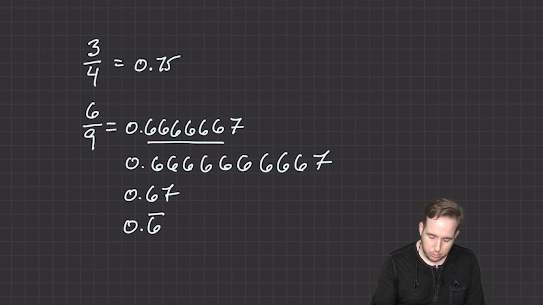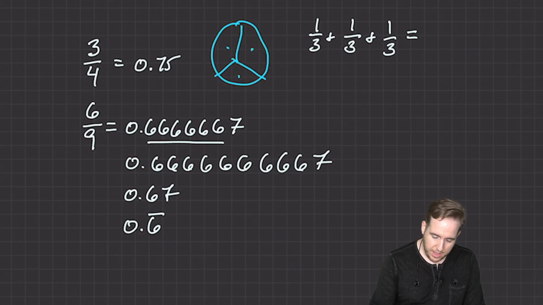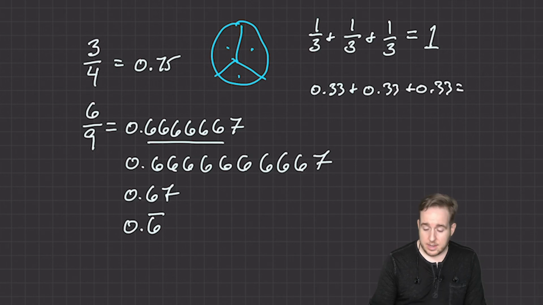If I ask somebody to do 1/3 plus 1/3 plus 1/3, you just do it the pie method: that's 1/3, 2/3, 3/3, that's just 1. Okay? But if somebody does that as a decimal, they're going to say that is 0.33 plus 0.33 plus 0.33, and they're going to get the answer 0.99.